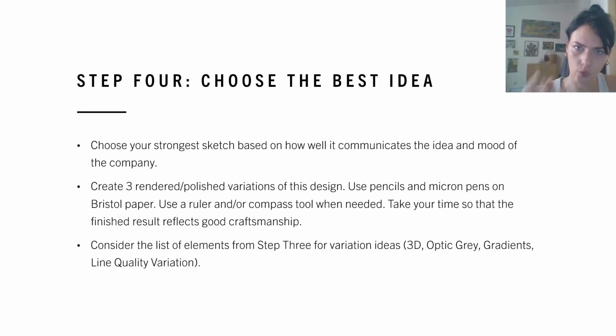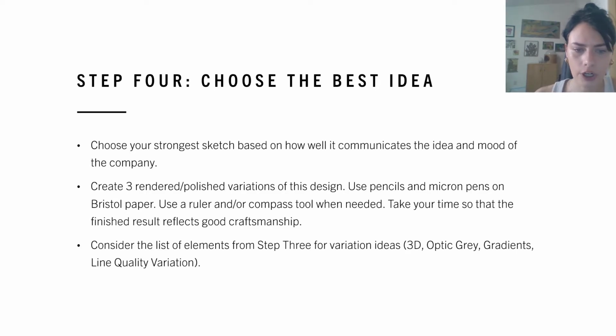So we're going to choose one, and then we're going to do 3 variations of it that are more polished. We're going to use pencils and Micron pens on Bristol paper. Bristol paper is our nice paper. That's why we're using it for this stage, because these are going to be the more polished, rendered, final versions of what you're going to do, okay?